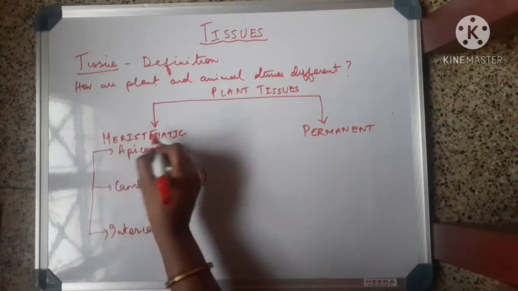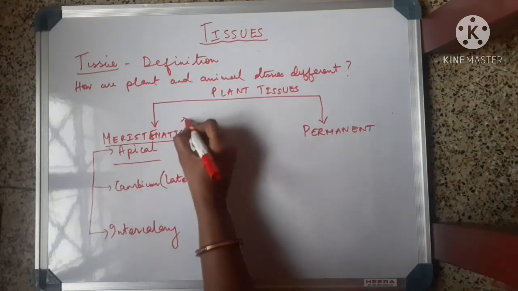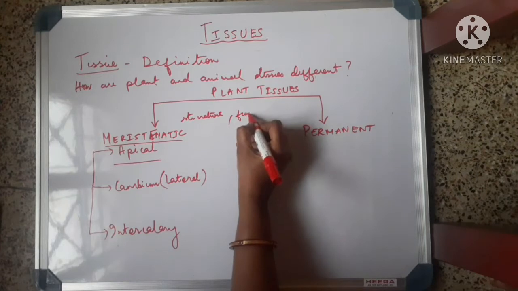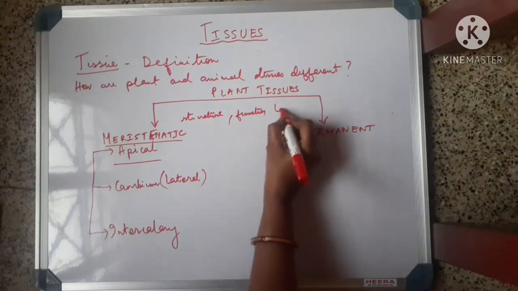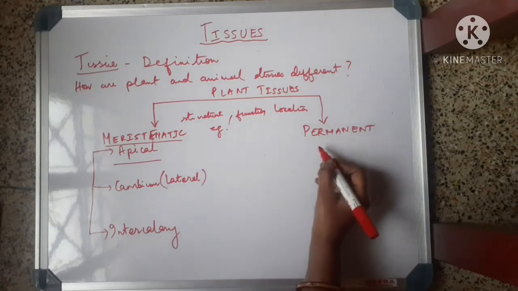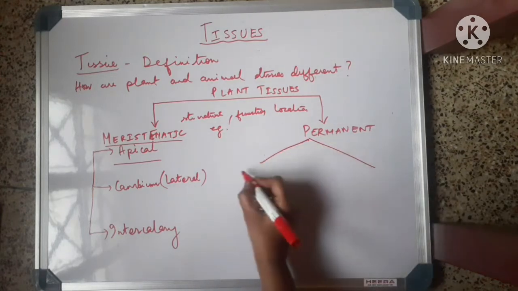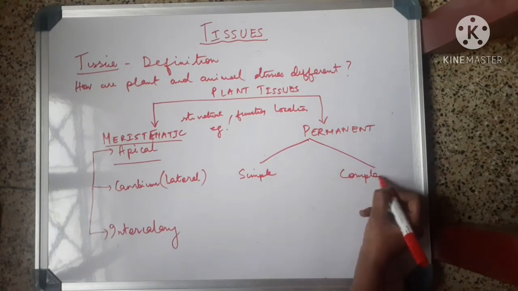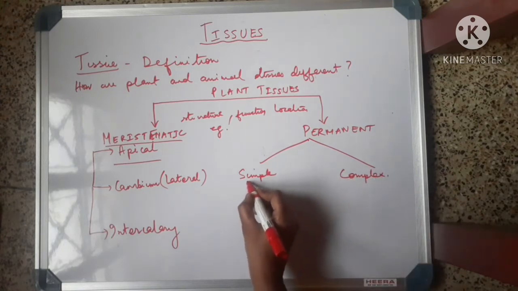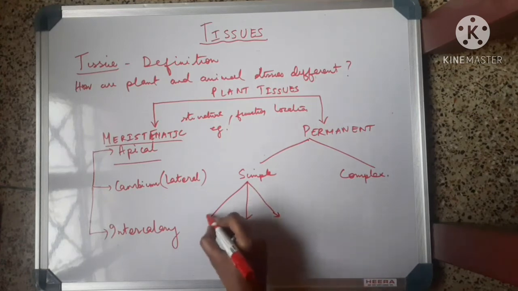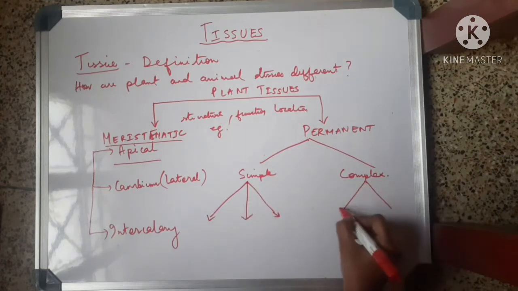For each tissue, you should know the structure, first point, then function, location and example for each one. Permanent tissues are of two types: simple permanent tissues and complex permanent tissues. Simple permanent tissues are again divided into three types and complex into two.